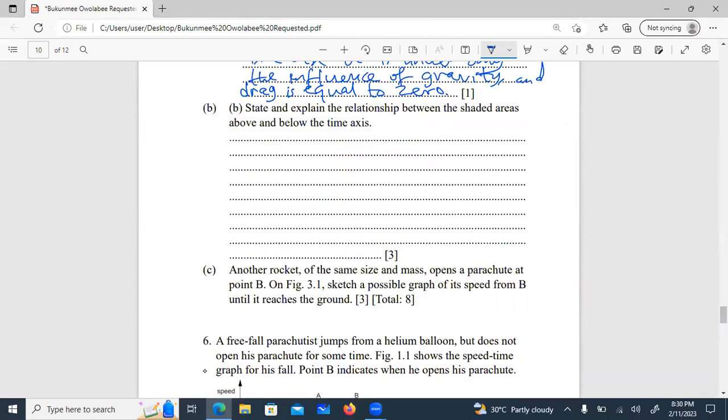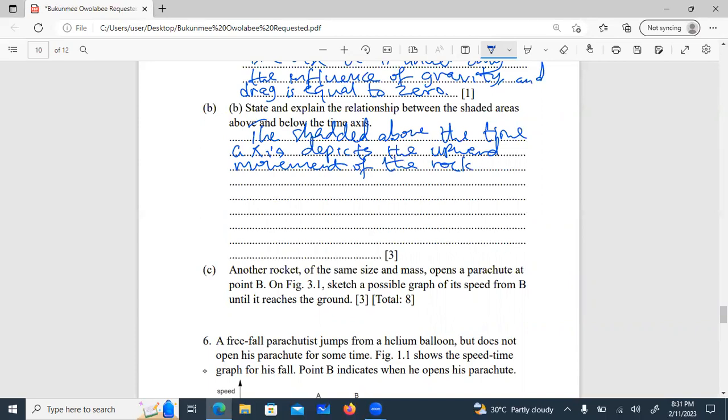State and explain the relationship between the shaded areas above and below the time axis. The shaded area above the time axis depicts the upward movement of the rocket, okay?